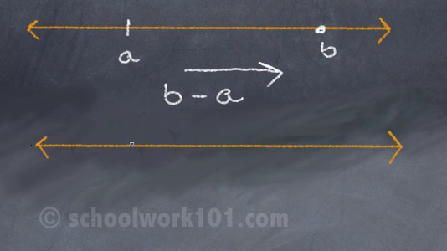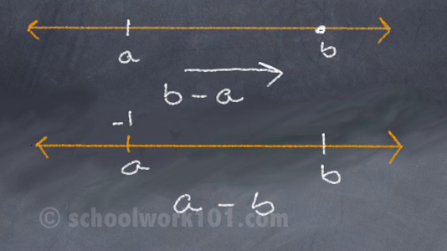So we're going to label this A and this B. Now, we want to find the directed distance from B to A. The directed distance from B to A. And so what we do here is we say A minus B. Let's give an example here.